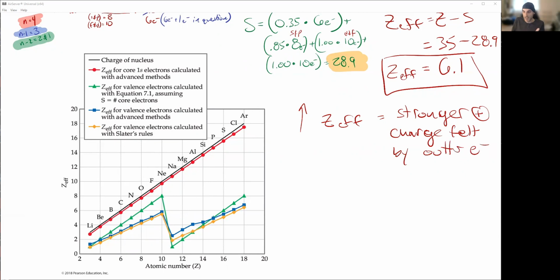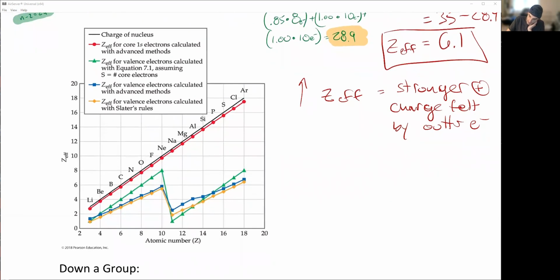So if those valence electrons feel a very strong positive charge, the higher the Z effective, the more those electrons are going to be pulled in. If I have a Z effective of 10, it's going to pull those electrons in tighter. So that's ultimately what Z effective tells us. Again, an increase in Z effective means a stronger charge felt by an outer electron.